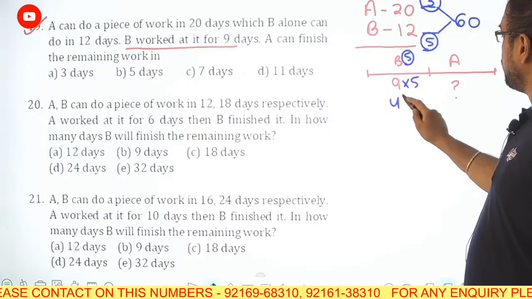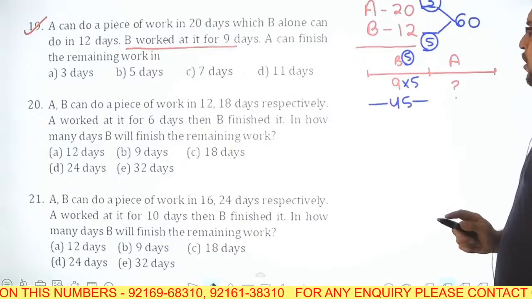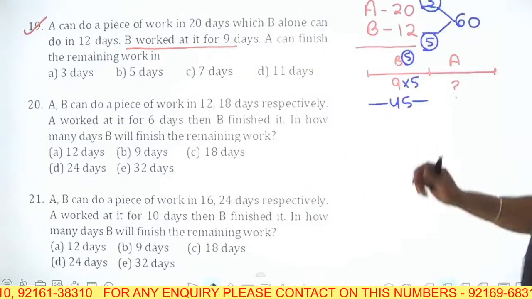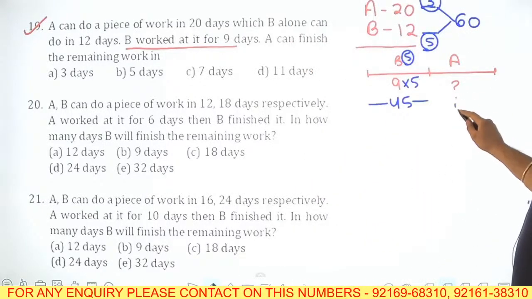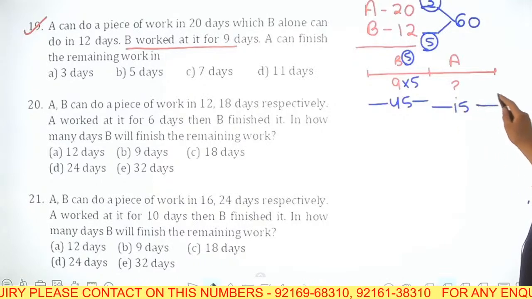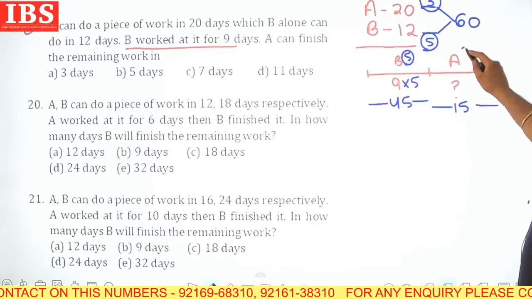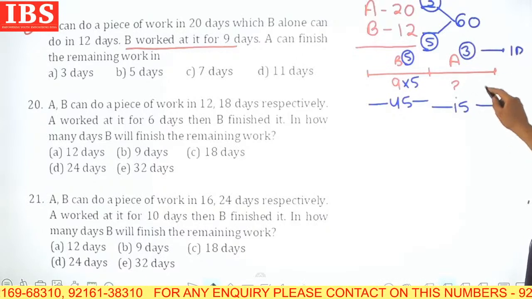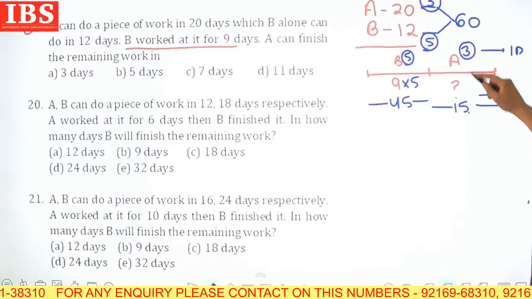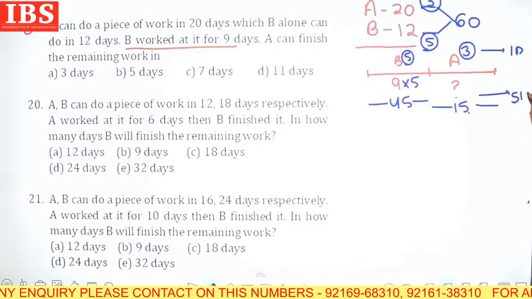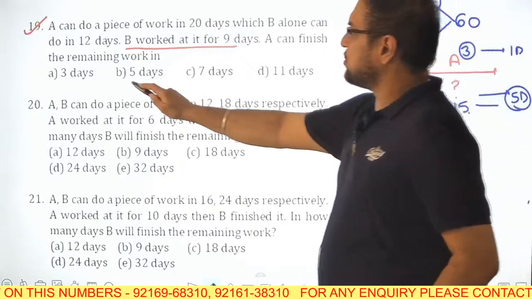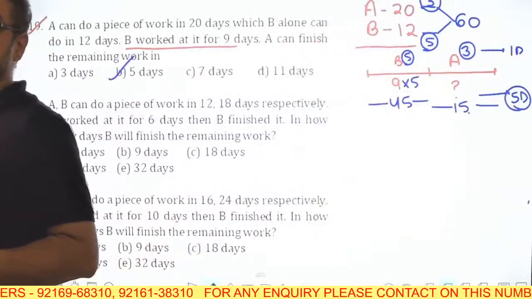B made 45 tables out of 60. So what is left over is 15. So 15 will be done by A, who makes 3 in 1 day. So 15 will be done in how many days? This will be 5 times, this is 5 days. So the question mark will become 5 days, which is the right answer.